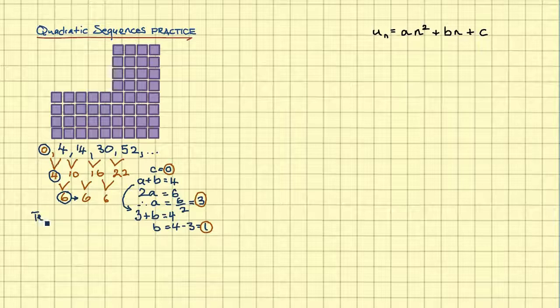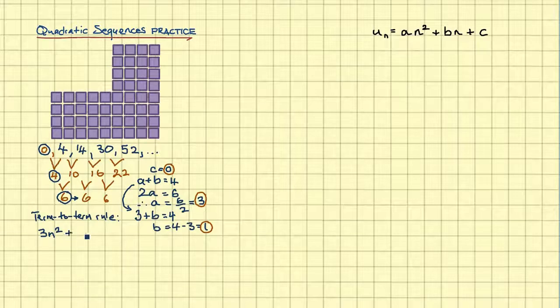So a little bit of algebraic work there just to sort out our a, b and c values, but once we've done that, the rest is plain sailing. So let's write down now our term to term rule, which is going to look like this.